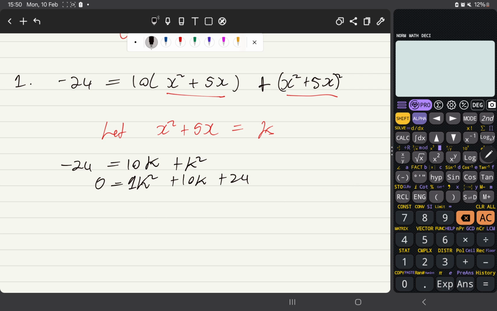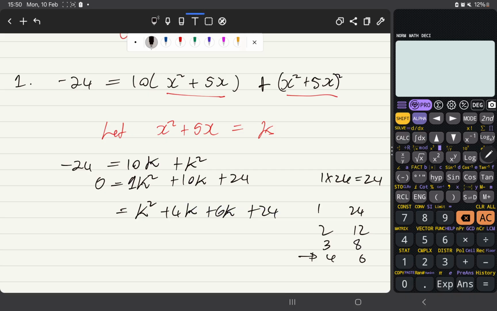let's go with my method. You multiply 1 and 24, that is 24. Factors of 24 are 1 and 24, 2 and 12, 3 and 8, 4 and 6. You want a pair of factors that's going to give you the middle number. So you have your k squared, plus 4k plus 6k plus 24. Then I group them together.